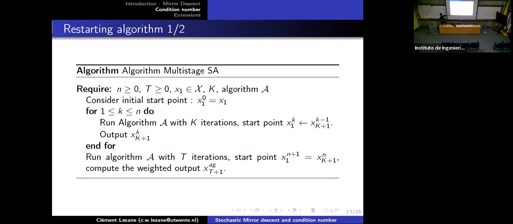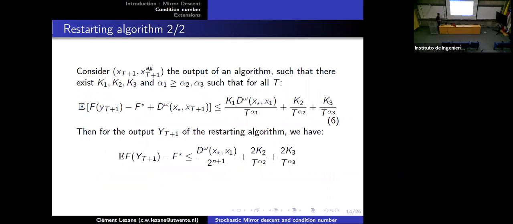And then once you finish it, you just run your algorithm normally. Okay, so what does it bring us? Well, the restarting lemma tells us that if you have an algorithm with this recursive form, and you do the previous restarting algorithm, then you divide the initialization error by 2 to the power of n, so it decreases exponentially fast.